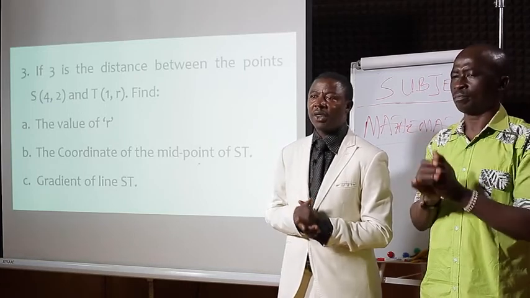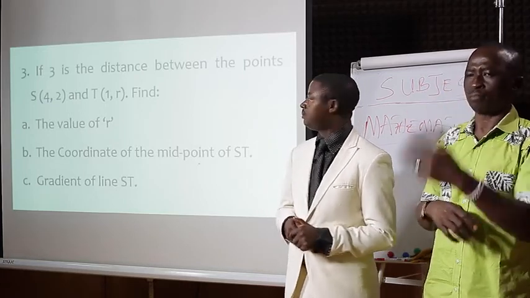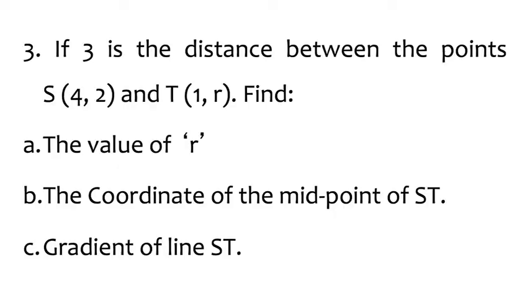Now, example 3, as we move further. If 3 is the distance between the points S, 4, 2, which is the coordinate of point S, and point T, 1, R. R is an unknown.